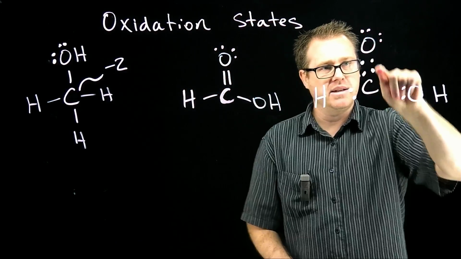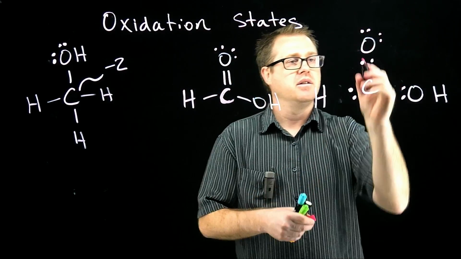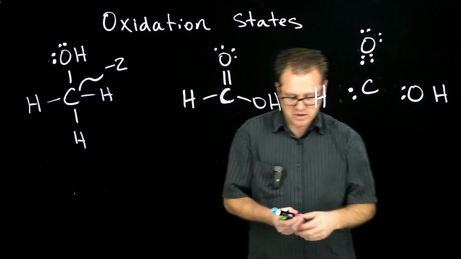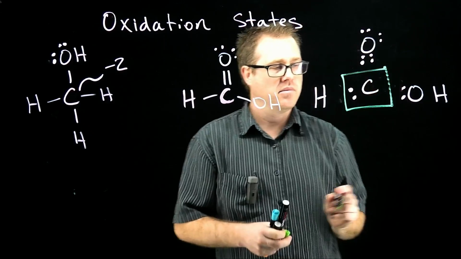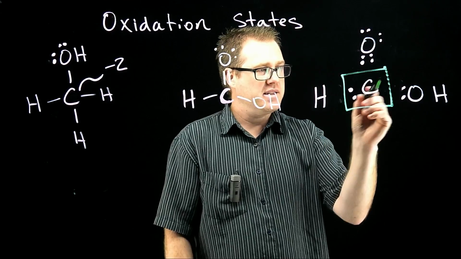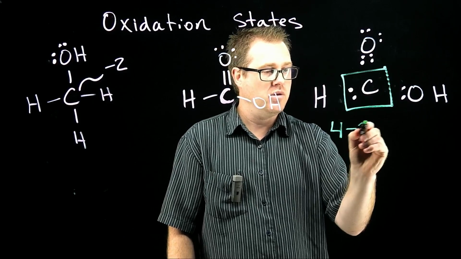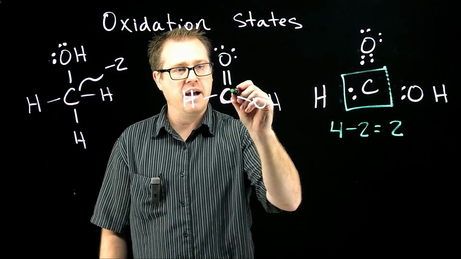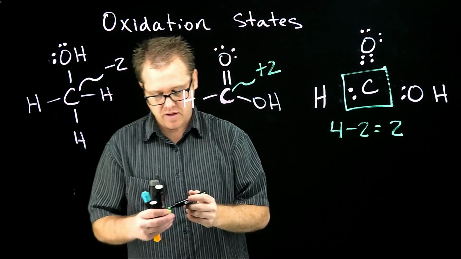But we're talking about these electrons between the carbon and oxygen, and clearly, oxygen is more electronegative. So now we just put a square around the carbon. How many valence electrons does it have? 4 minus how many electrons does it own? 2 equals 2. So this carbon now has a new oxidation number of +2.